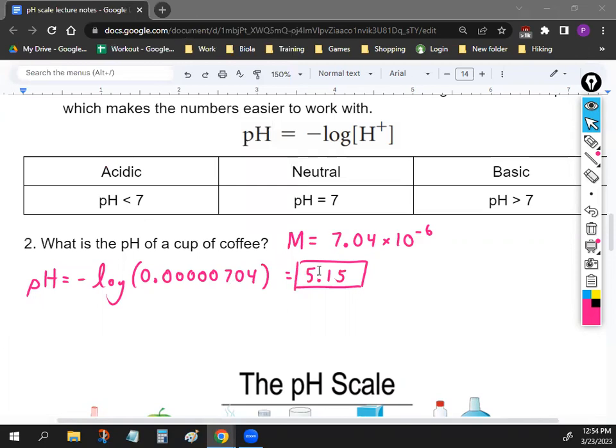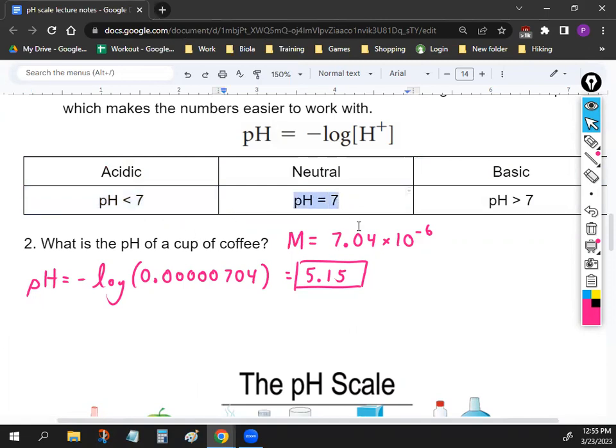Okay, so now that we have the pH of coffee, we can figure out if coffee is an acid, if it's neutral, or if it's a base. So this is the little key that you can use, and you might want to jot this down in your notes. You don't have to make a table or anything, but you can just write that acids, anything that has a pH less than 7, okay, the sign means less. So a pH less than 7 means it's an acid.